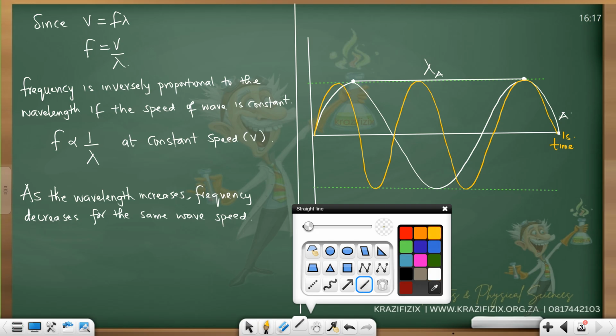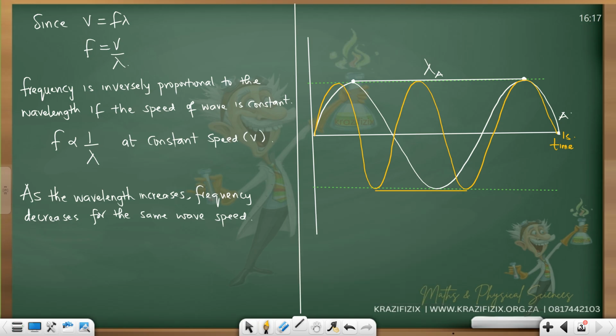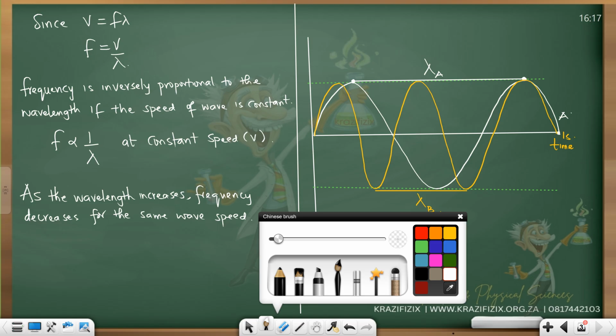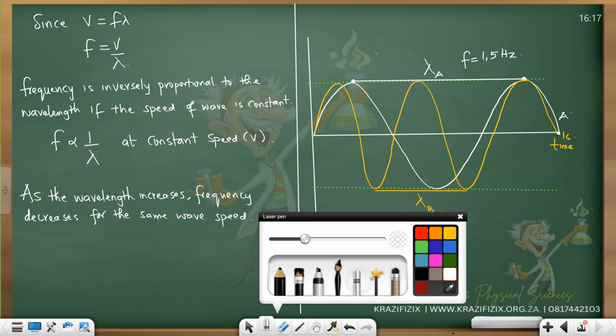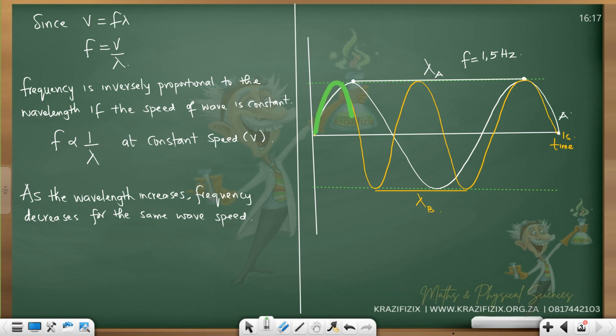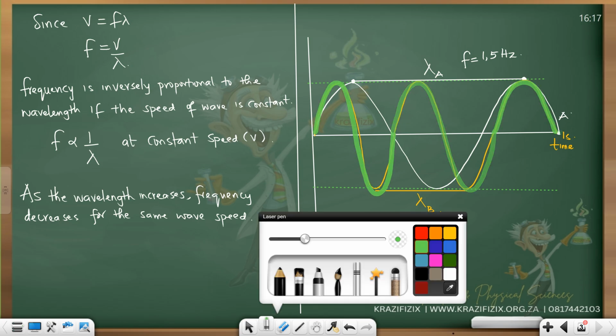That's the wavelength of B. For the white one, we said frequency is 1.5 hertz. If I look at the yellow one, how many waves would you see here? 1, 2, it's actually 2.5.